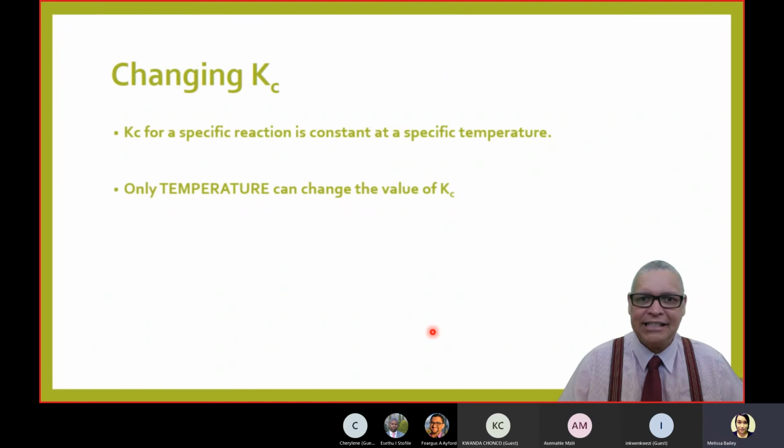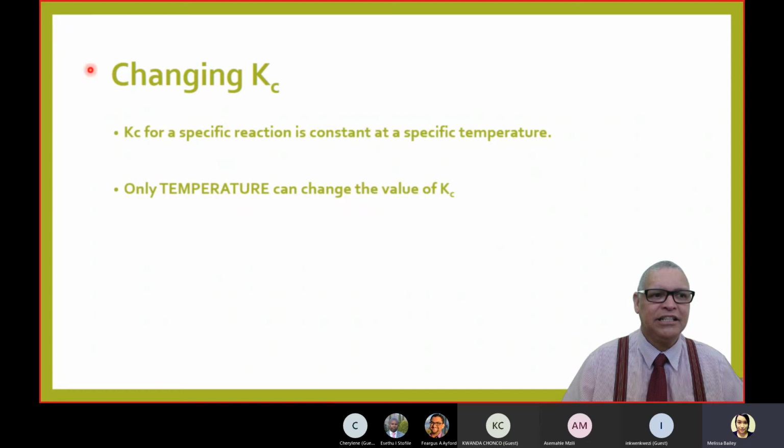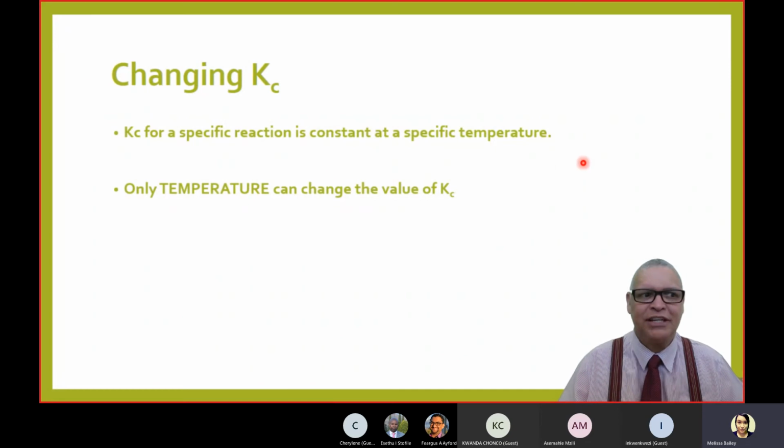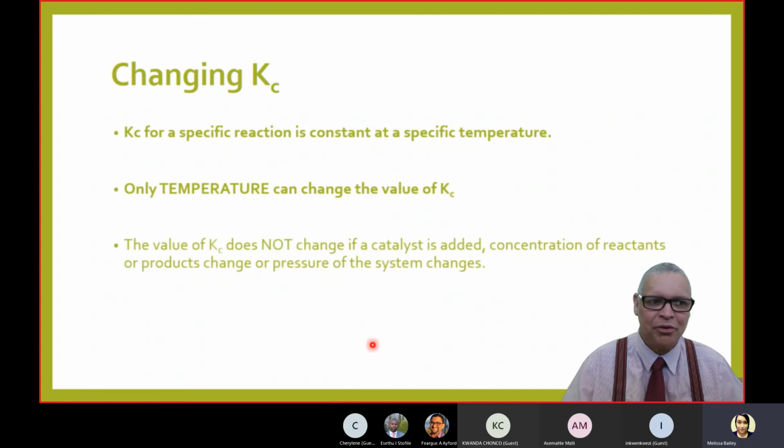How does the Kc value change? Well, the Kc for a specific reaction is constant at a specific temperature. Only temperature changes the value of Kc. Only temperature. The value of Kc does not change if a catalyst is added, if the concentration of the reactants or products change, or if the pressure of the system changes.